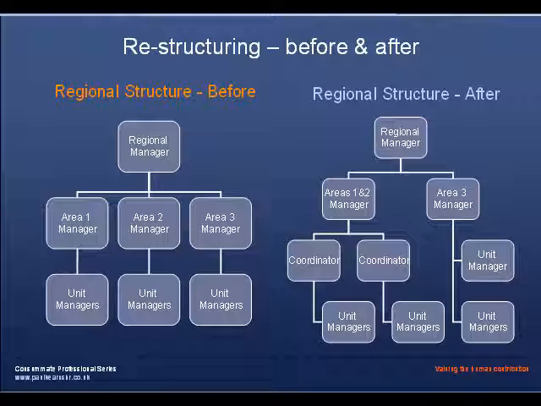Now, as soon as you do this, you might think that it's just a straightforward case of area manager 1 having to work a bit harder to look after 2 patches or 2 territories instead of 1. Well, that might happen, but if this person was already fully occupied, how can they cope with 2 jobs all of a sudden? Or even if it's quiet, how can they cope when they're already doing 100%?